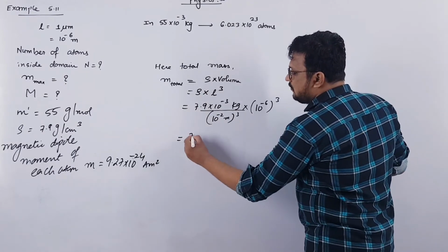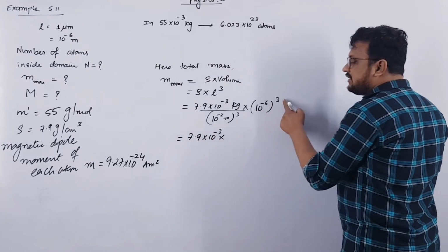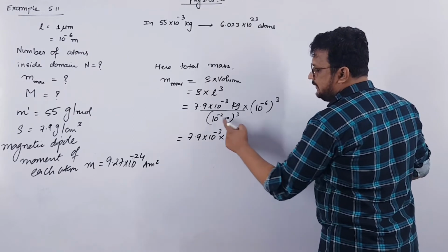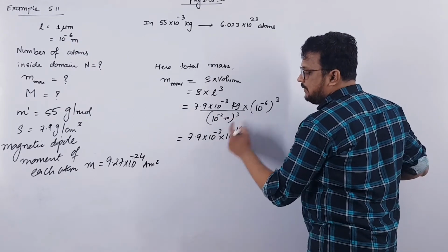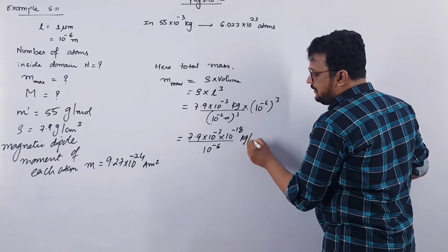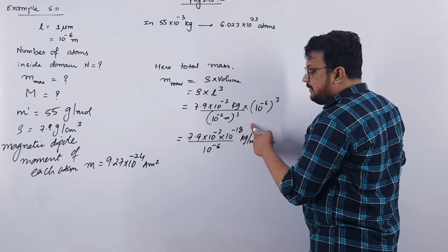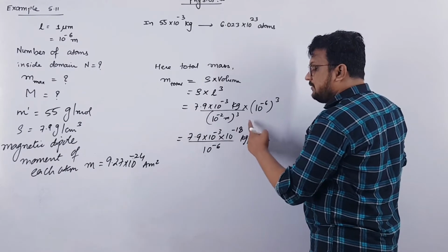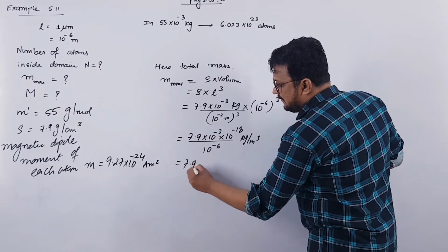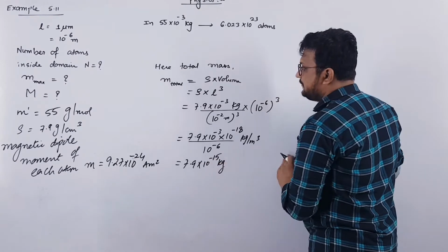So this will be equal to 7.9 into 10 to the power minus 3 into 10 to the power minus 18, and 10 raised to minus 2 cube is 10 to the power minus 6, so in the numerator it becomes plus 6. Minus 18 plus 6 is minus 12, minus 3 is minus 15. So 7.9 into 10 to the power minus 15 kg.